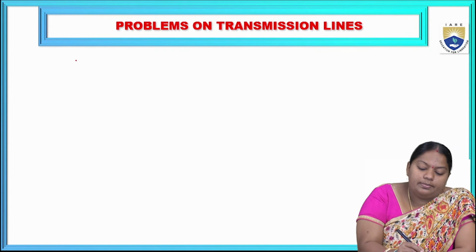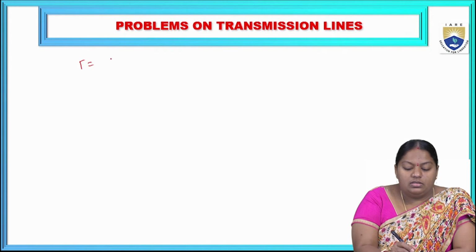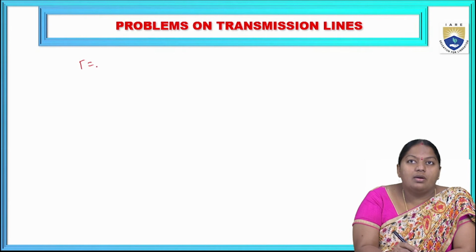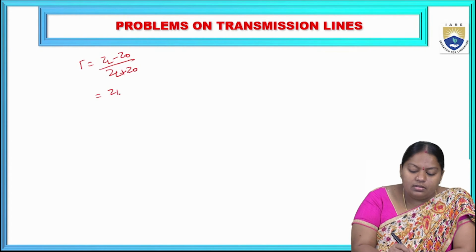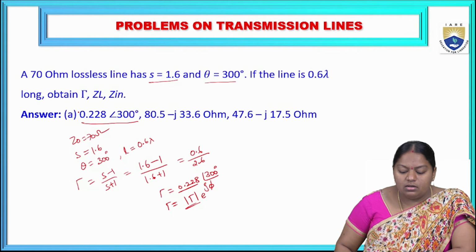How? See, reflection coefficient gamma in terms of load impedance and characteristic impedance is given by gamma equal to (ZL minus Z0) by (ZL plus Z0), which is equal to (ZL minus 70) by (ZL plus 70), where Z0 is 70 ohms. Here the modulus of gamma, the magnitude, is 0.228.